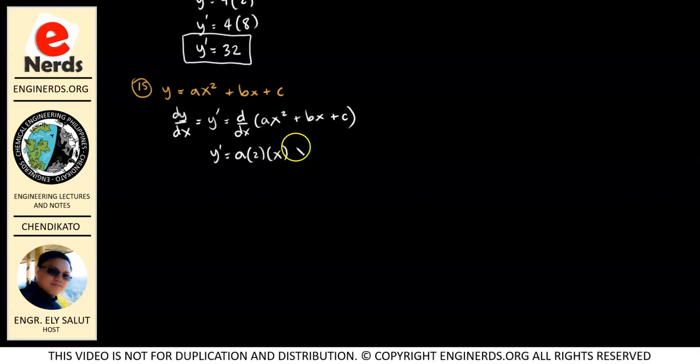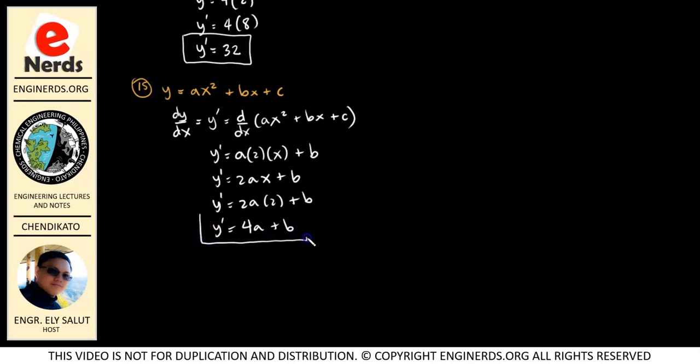Derivative of x is equal to 1. Then plus b. Okay? So, we have y prime is equal to 2a times x plus b. Then, our x is equal to 2. So, our y prime is equal to 2a times 2 plus b. So, our y prime is equal to 4a plus b. So, this is our final answer for this problem. So, punta na tayo sa problem number 16.